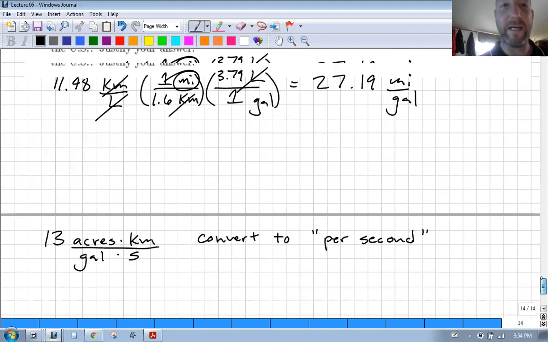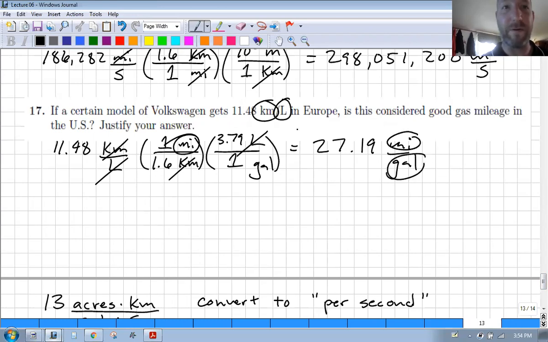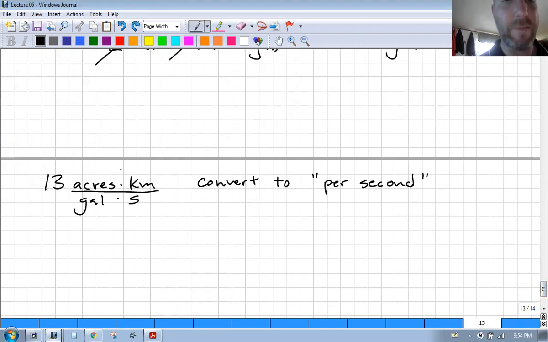Like up here we had a length per volume, and so what we end up with has to be a length per volume. But over here I got acres, kilometers, gallons, and seconds. And I'm asking you to convert that to a per second. Well, if you think about it, acres, that's area, right?